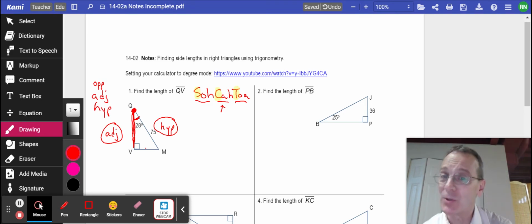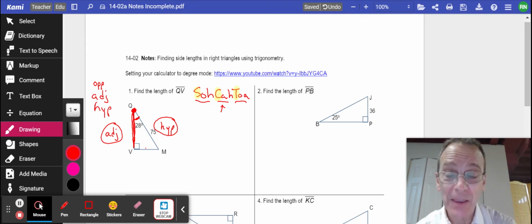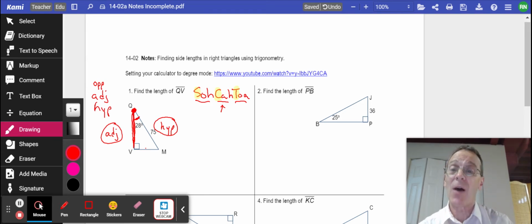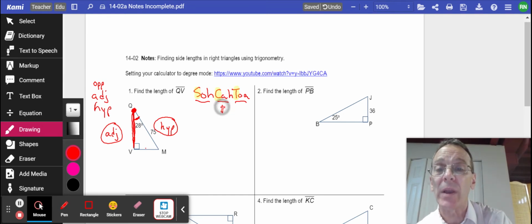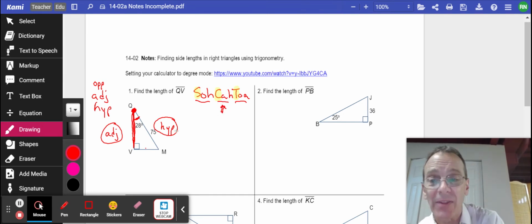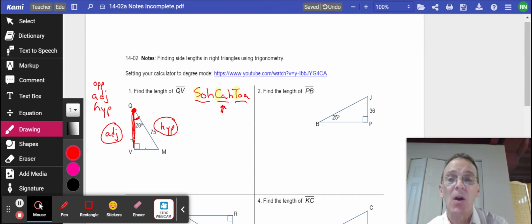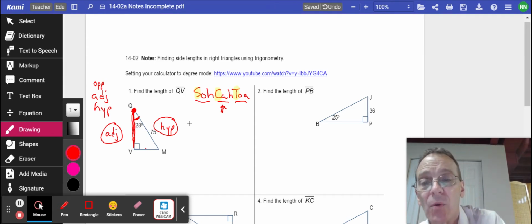So now what you have to learn to do is to say to yourself, well, now I have to write an equation. I have to write a cosine equation because it's the cosine that connects these two sides with the angle. And so we begin writing cosine.